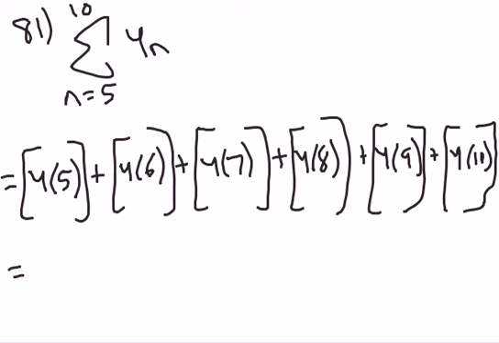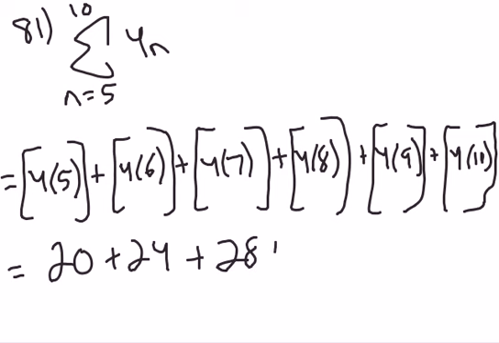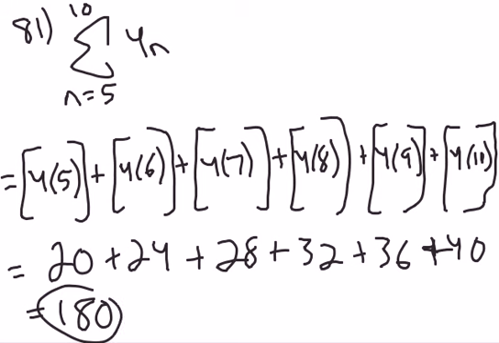So if I do this, I get 20 plus 24 plus 28 plus 32 plus 36 plus 40, which added all up gives me 180. So there's your answer for 81.